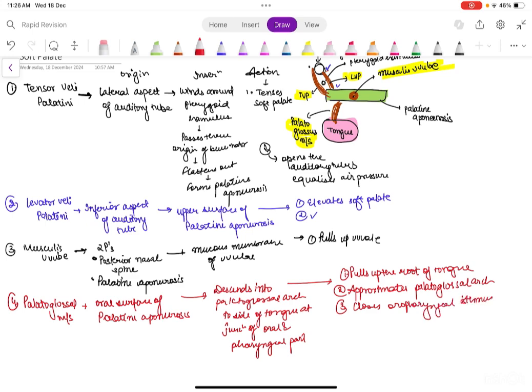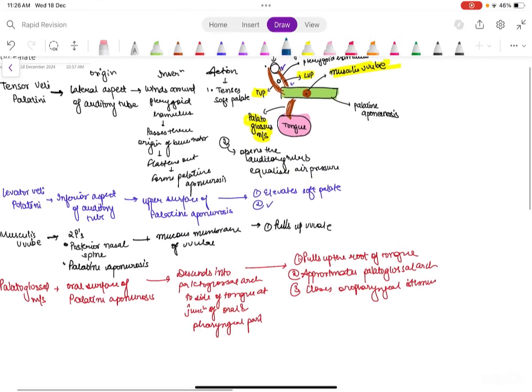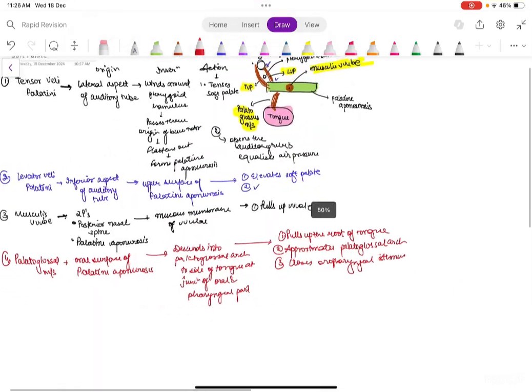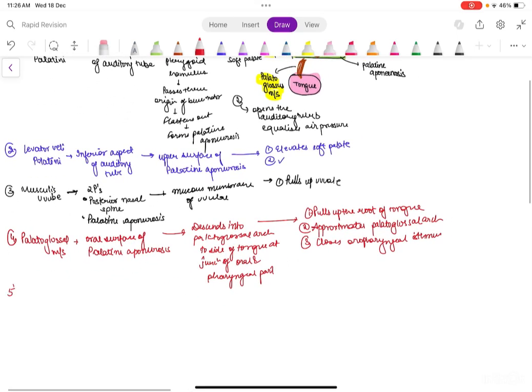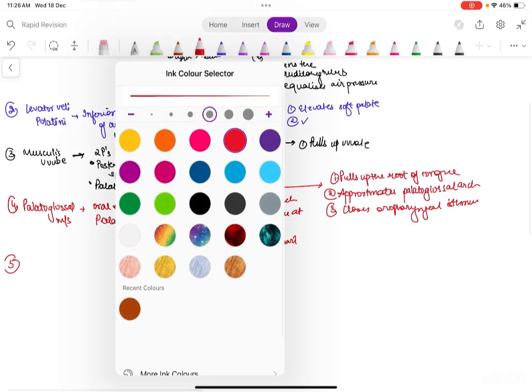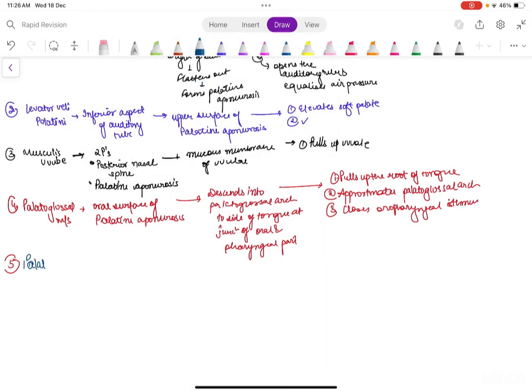Now let's talk about the muscle that we left out of the diagram. The diagram would have become hazy, but now I will tell you why we left it. So the fifth muscle is our palatopharyngeus.